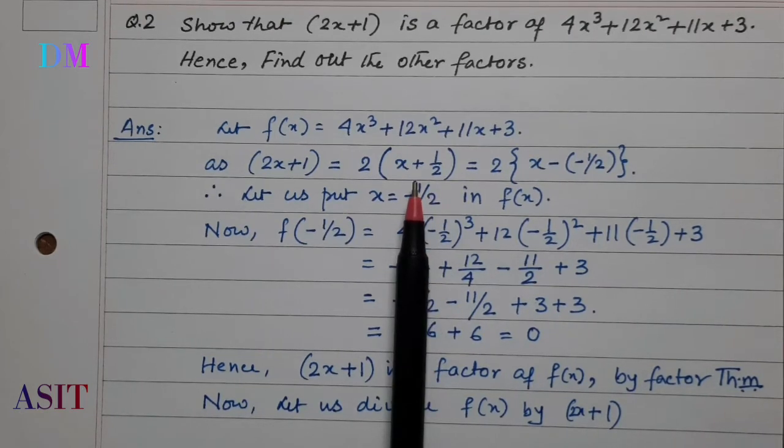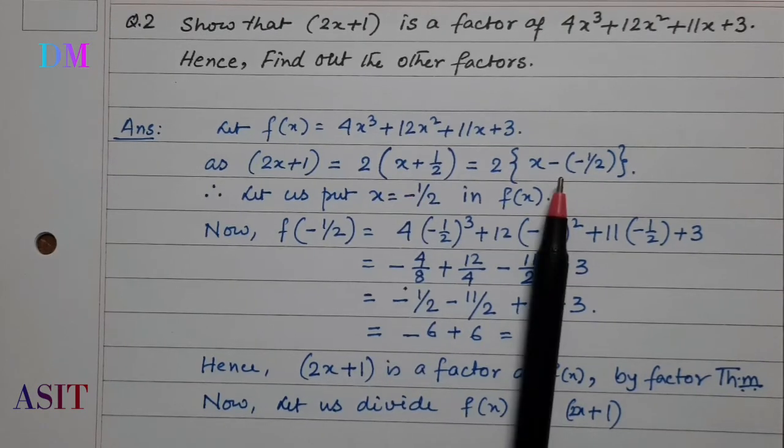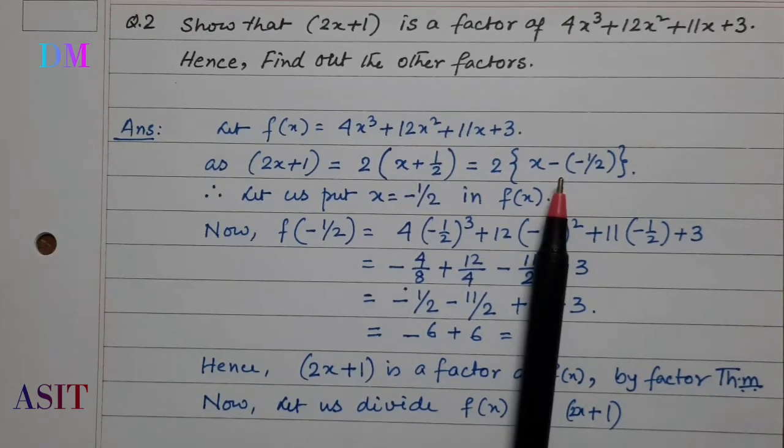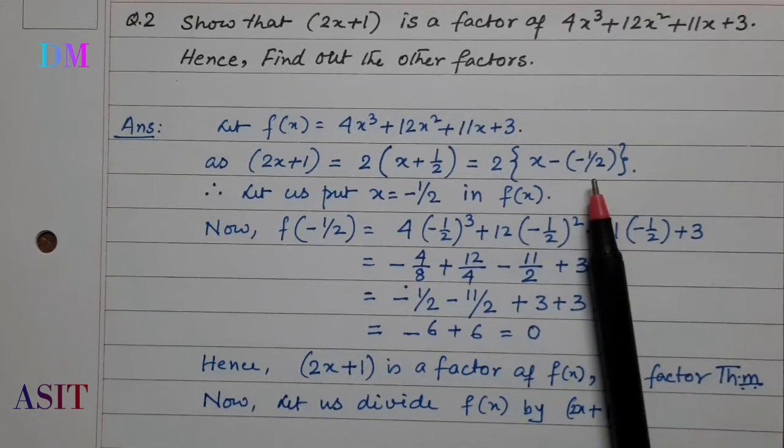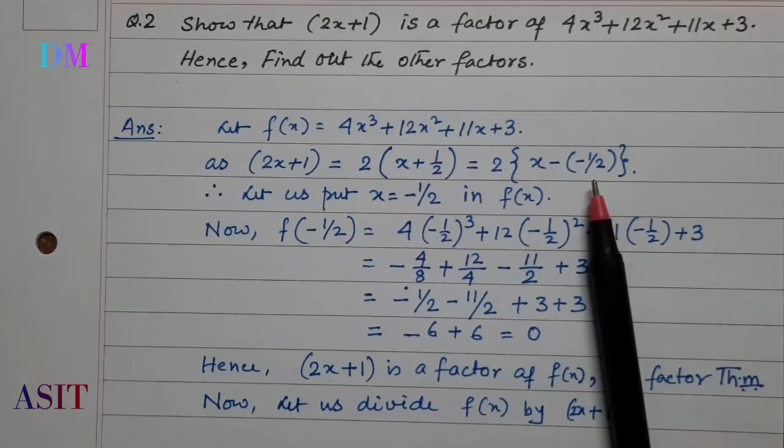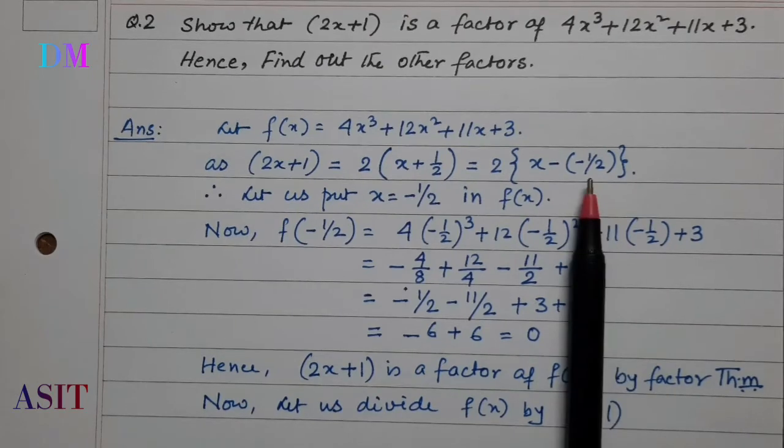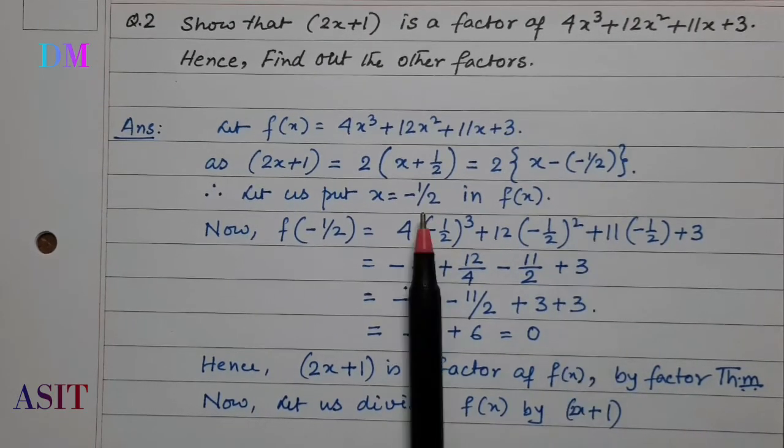Hence we can write 2 into (x plus half). Now again, plus half can be written as minus of minus half, since we need to write this in the form of x minus a. Therefore, a should be equal to minus half.